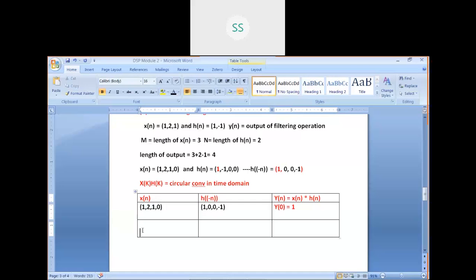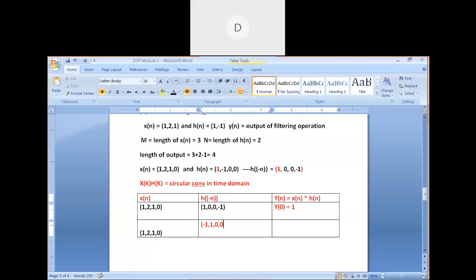Similarly, in the next step this sequence will be kept as it is. So this will be 1, 2, 1, 0. This is not going to change. Here you have to shift it, so this will be minus 1, then 1, 1, 0, 0.